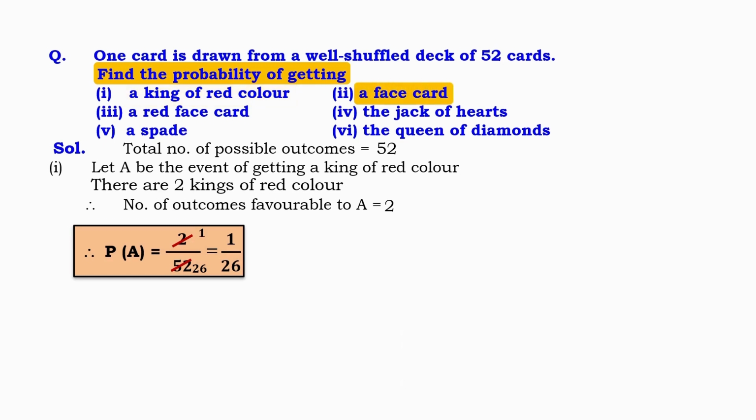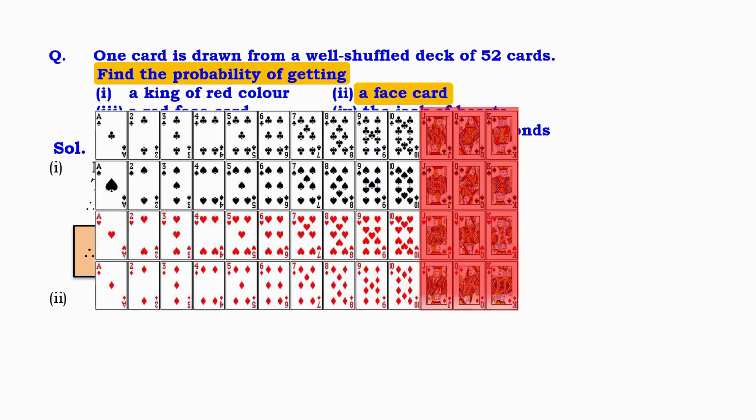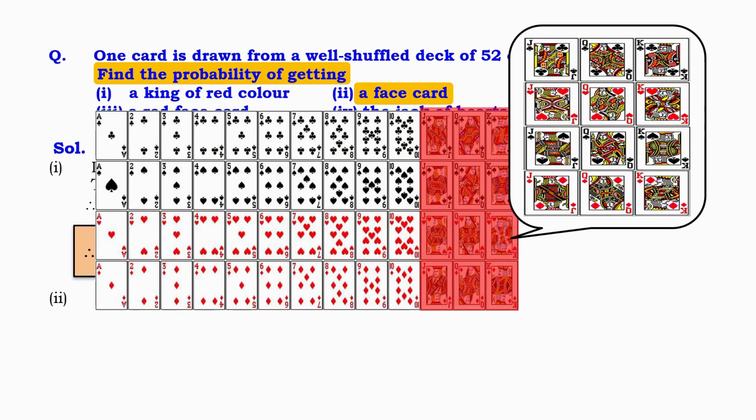Now the second part. Find the probability of getting a face card. Let B be the event of getting a face card. Which are face cards? Face cards are Jack, King and Queen. So in each category there are 3 face cards, and there are 4 categories. So there will be 3 into 4, that is 12 face cards.